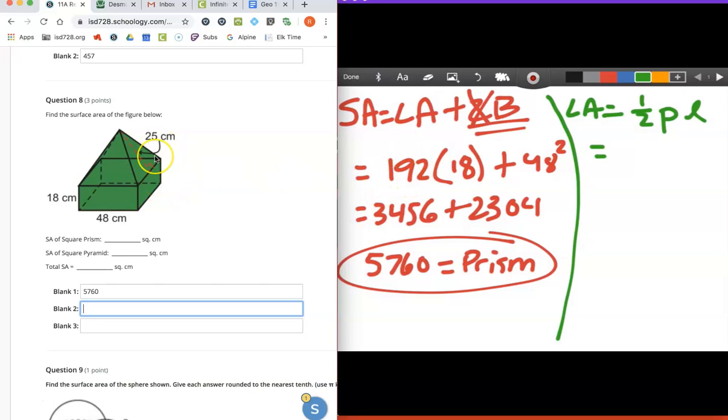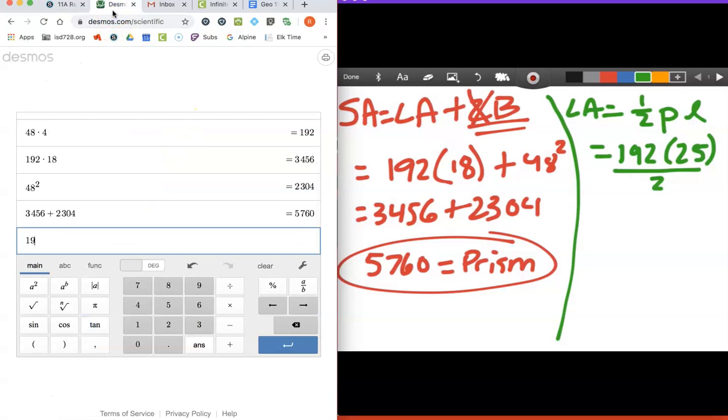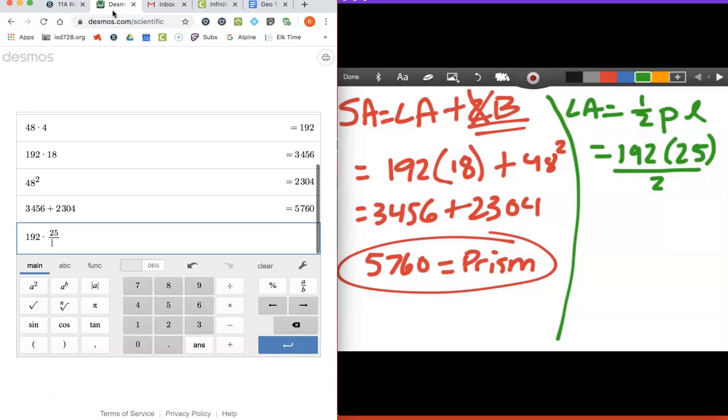It's a square with 48-inch sides. So 48 times 4, 192. I lost my 1/2, but I'll add it in here. The L, the slant height, is 25. So 192 times 25, and then we're going to divide that by 2. So 2,400 is the pyramid piece of this.